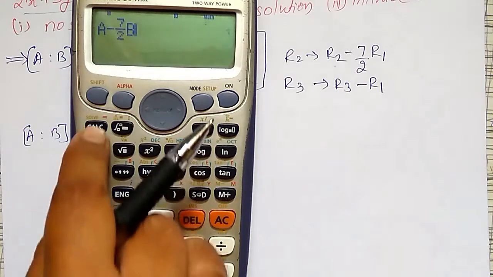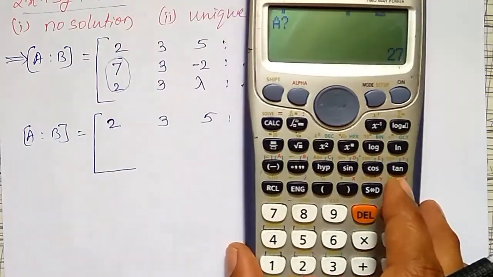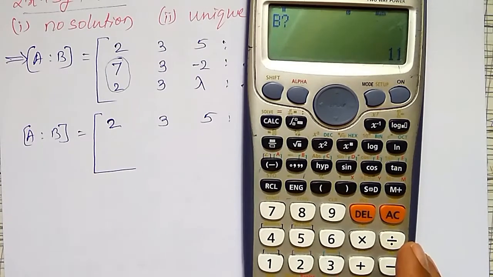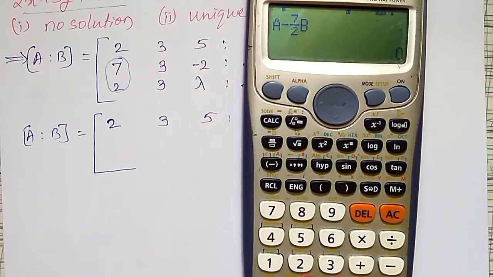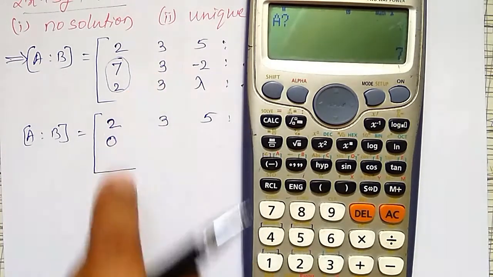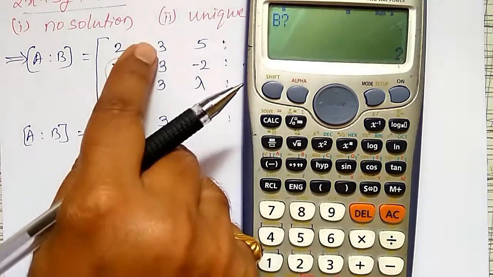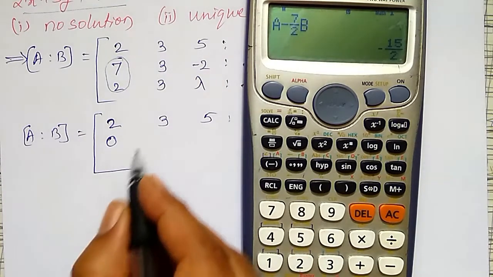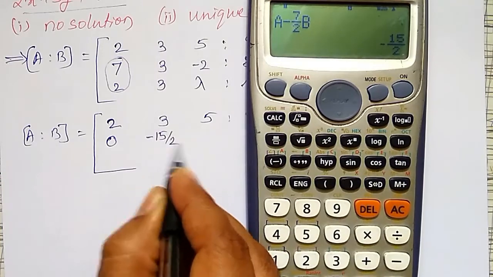In the calc option, A is 7, equal to, B is 2, equal to, again we get 0. Again equal to, 3 and the corresponding B element is also 3, and I get minus 15 by 2.